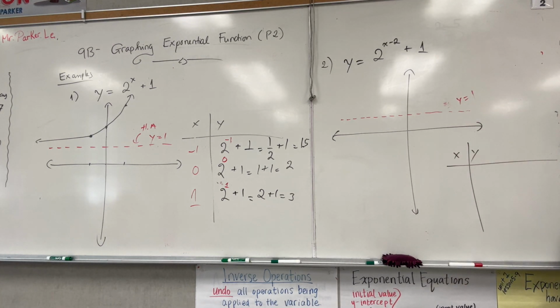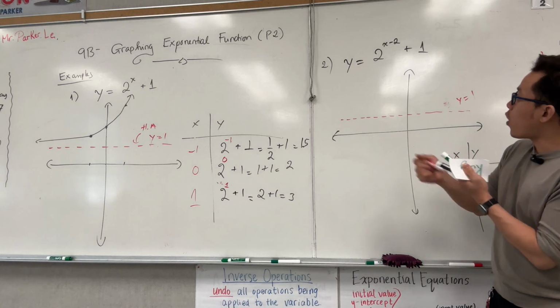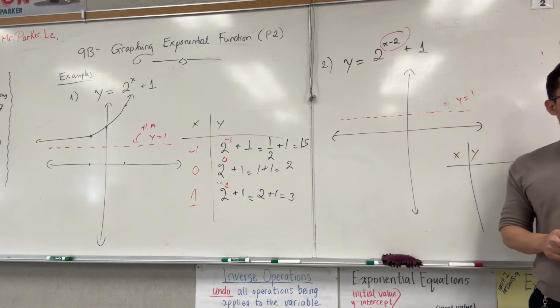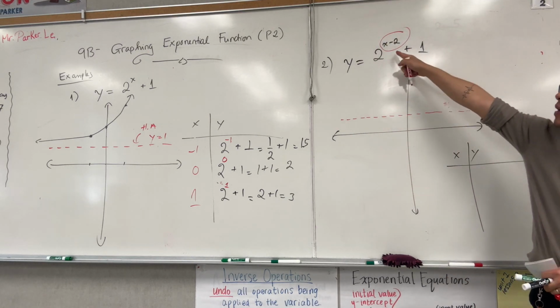All right, let me call Ruby, what value should I plug in here? That's the difference. We don't want the x to be negative 1, 0, and 1, but we want the power, that means the whole thing here, to be negative 1, 0, and 1.